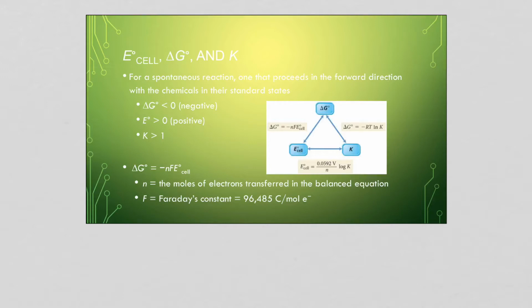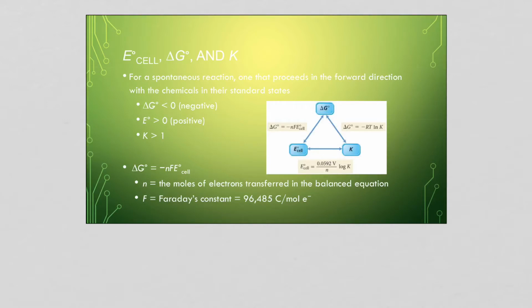We said that the free energy under standard state conditions is equal to negative RT ln K. So having an equilibrium constant greater than 1 is going to result in having a negative delta G. And so we have these three values that tell us about the spontaneity of a process.